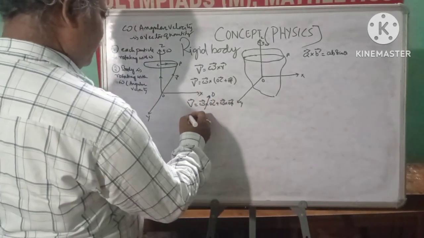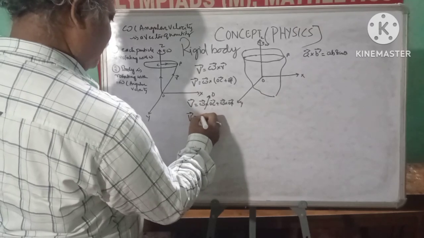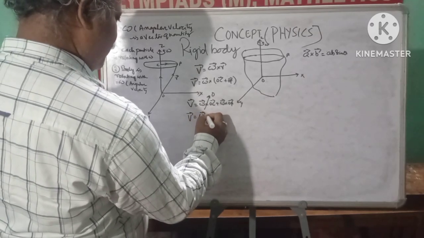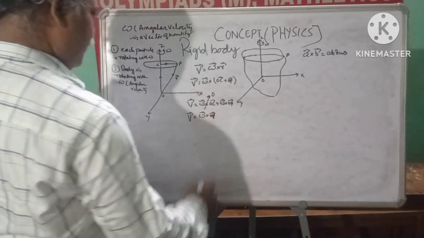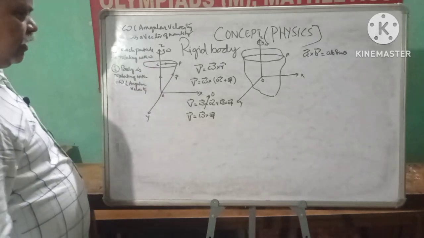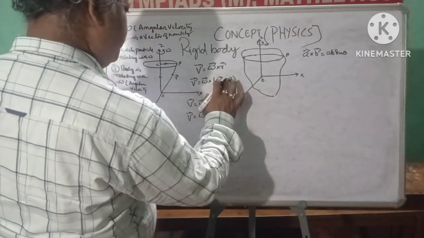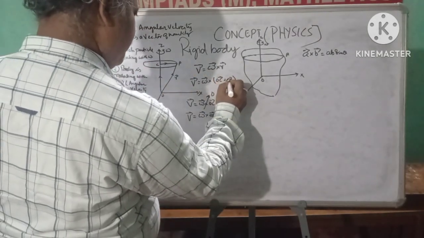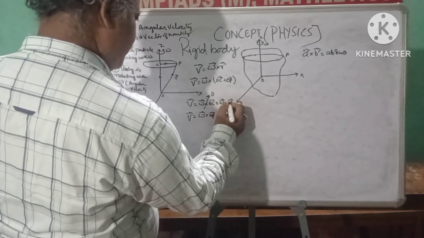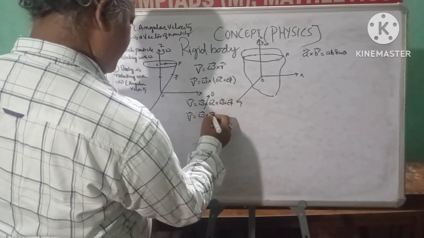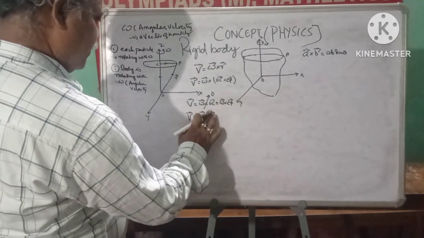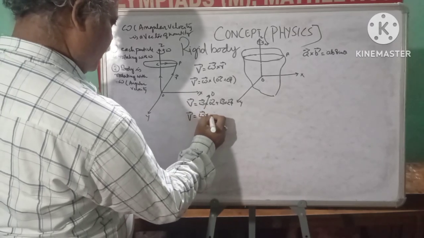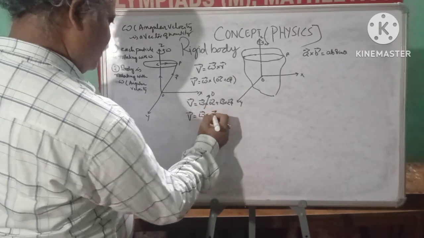Now you are left with only v vector, that is equal to omega vector cross OP vector. Sorry, CP. This is CP vector. Omega cross CP vector.